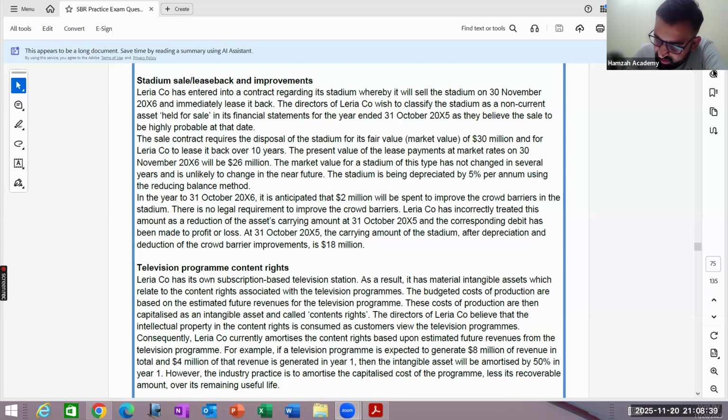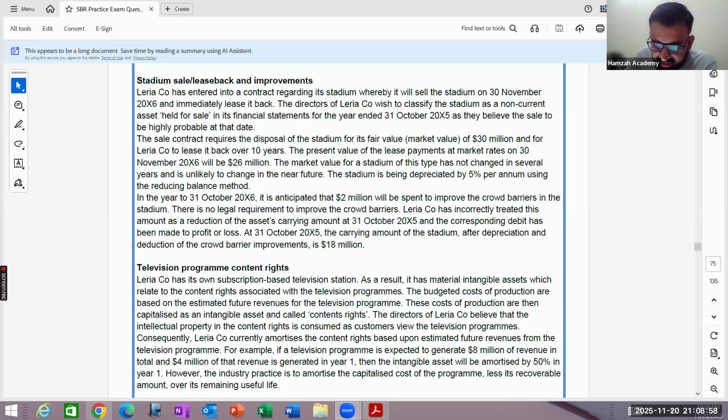So the year end is 31st October X5, and they expect to complete the sale by 30th November X6, and they want to treat the stadium as a held for sale asset at the year end.